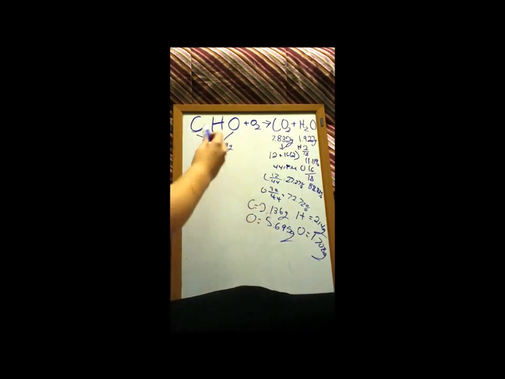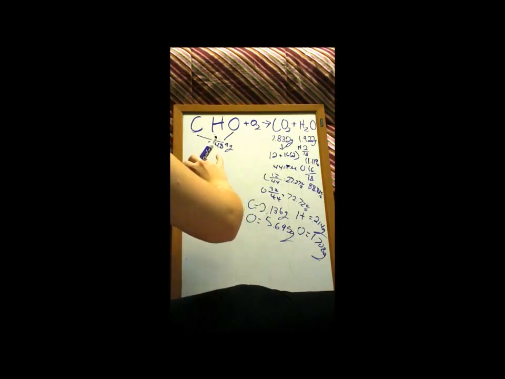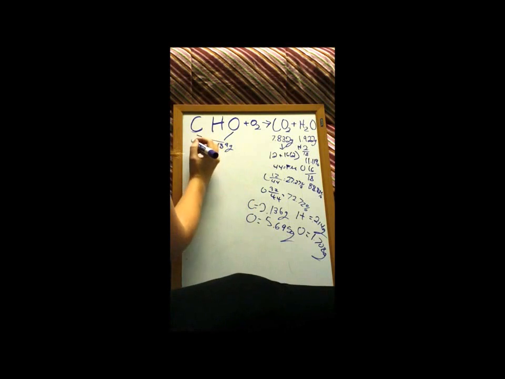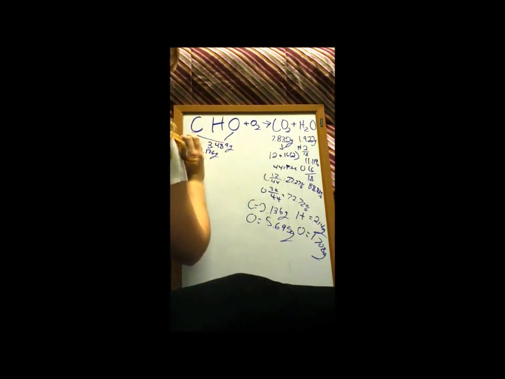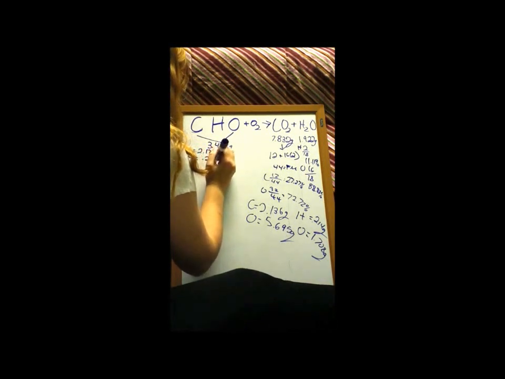So now we want to put this in our reactants. We know from the law of conservation of mass that matter is neither created nor destroyed. So whatever we have on this side, we'll have on this side. So carbon on this side, out of the 3.489, we know that carbon will be equal to 2.136 grams. We know that the hydrogen will be equal to 0.214 grams.